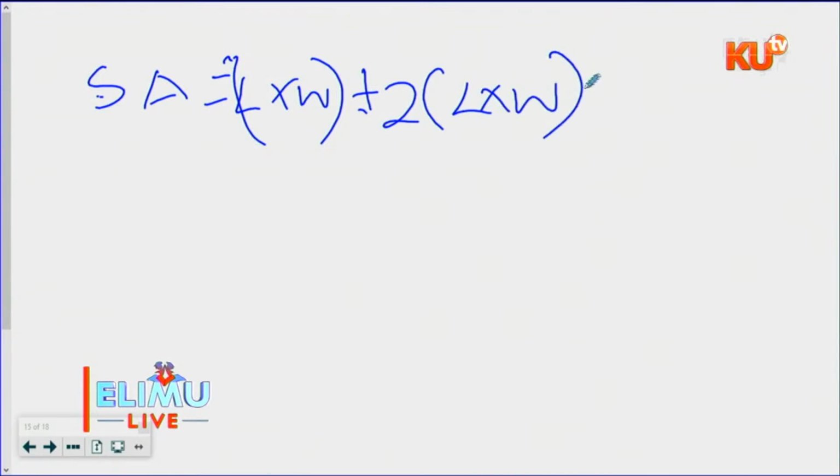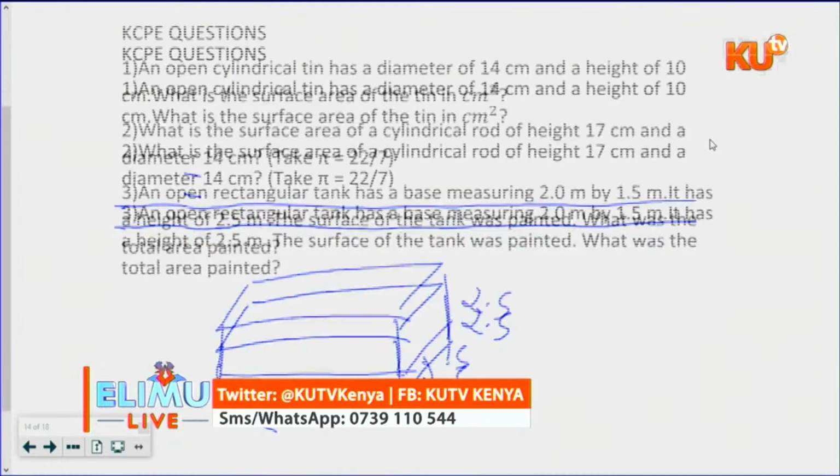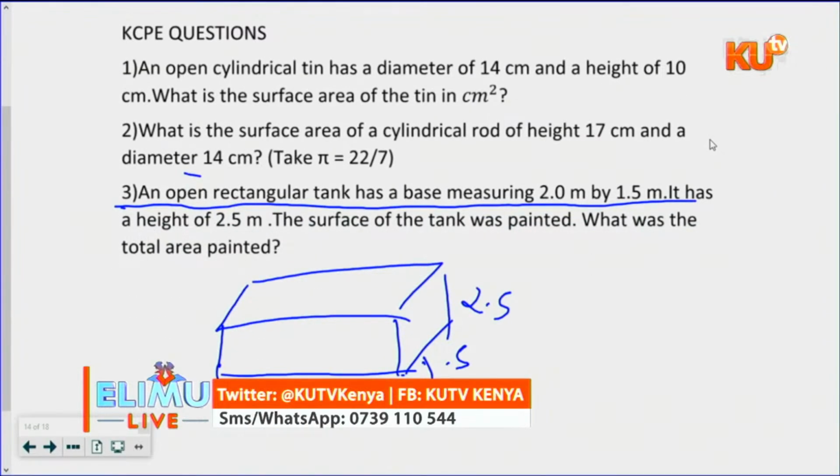You can call it width or you can call it height. Then plus 2 into width times height. So we come to our measurements here. Since the top is not there, this part here is open.